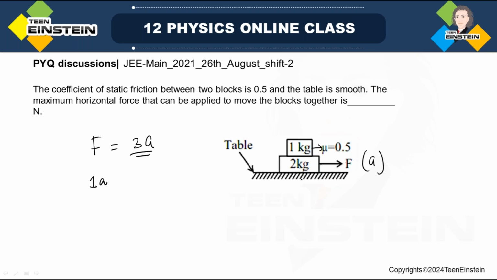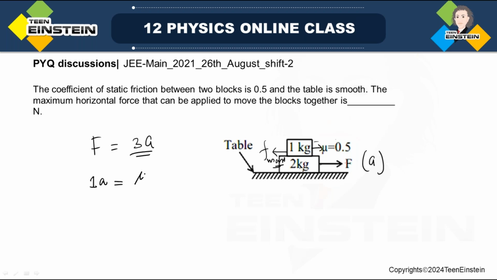So that is the force on it, and that will be exactly equal to the frictional force acting at the interface on this particular block when it is moving towards this side. Like if there is a relative motion between the 1 kg and 2 kg, then there will be this F max static friction. So this maximum static friction should be exactly equal to the force acting on that in the forward direction, okay.